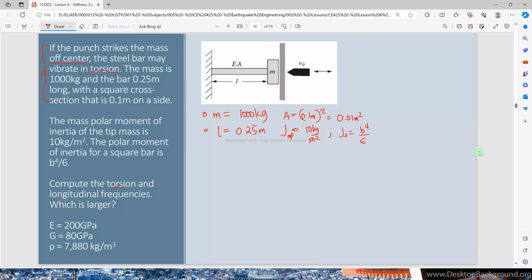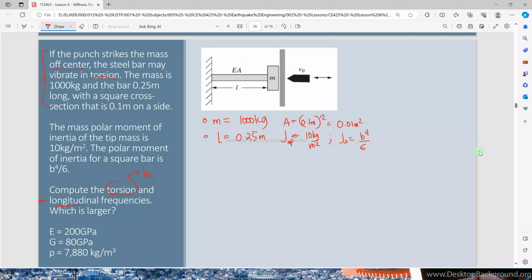Compute the torsional and longitudinal frequencies. So we are looking for two things. We have two stiffnesses: due to torsion and due to longitudinal or axial. Let's call the longitudinal one K sub L, and the torsional one K sub T. Given are the modulus of elasticity E, 200 GPa or gigapascal, and G, the modulus of rigidity, as discussed in our introduction.